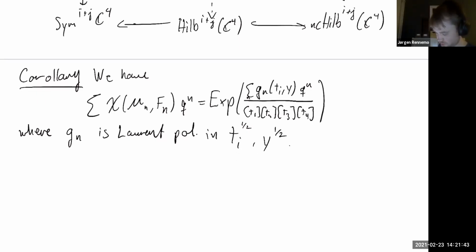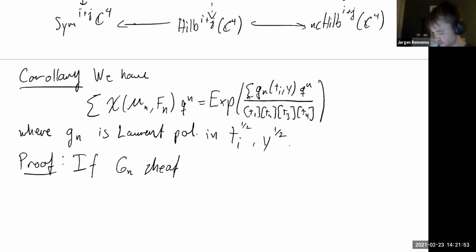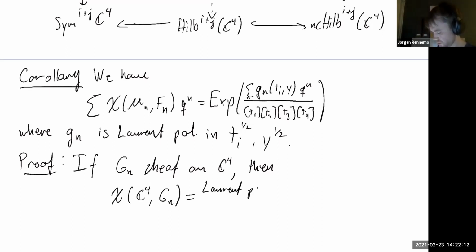And the proof, let me just give you one proof today, is that if Gn is a sheaf on C4, then the Euler characteristic of that thing is a Laurent polynomial.